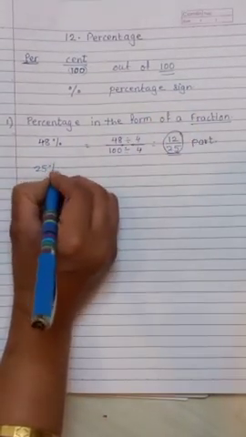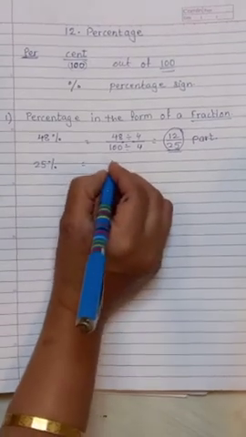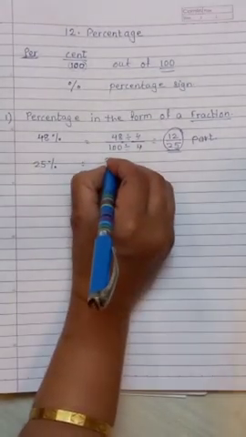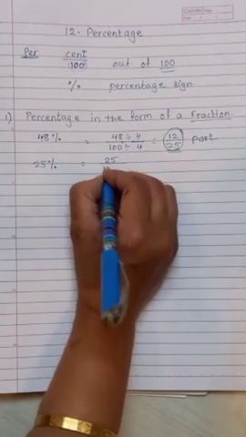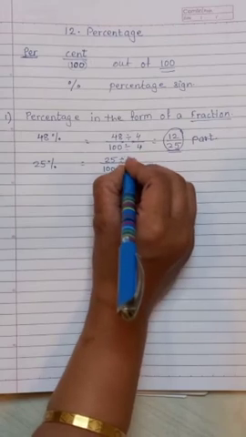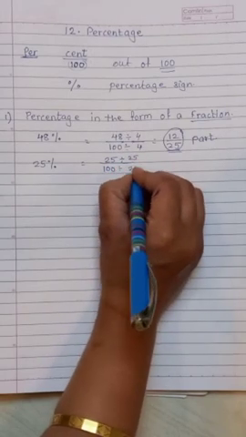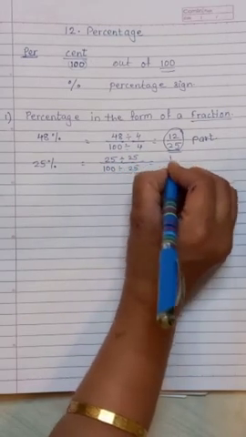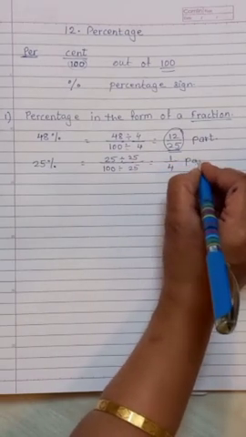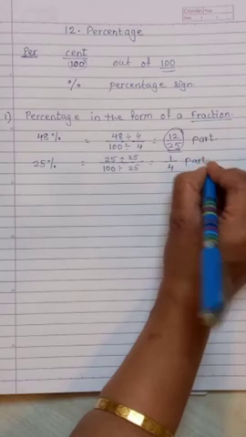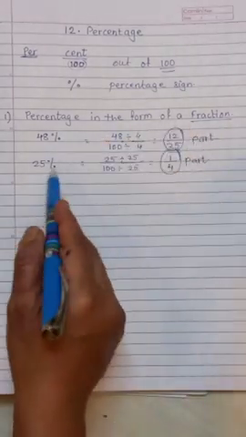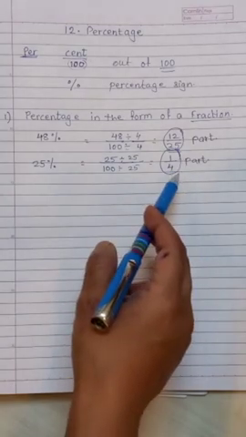Suppose we had written 25%. So how can we convert this 25%? 25 upon 100. Correct? In which table are both the numbers there? Of course 25. 25 ones are 25, 25 fours are 100. So it's a 1/4 part. So this is the conversion of any percentage into a fraction.